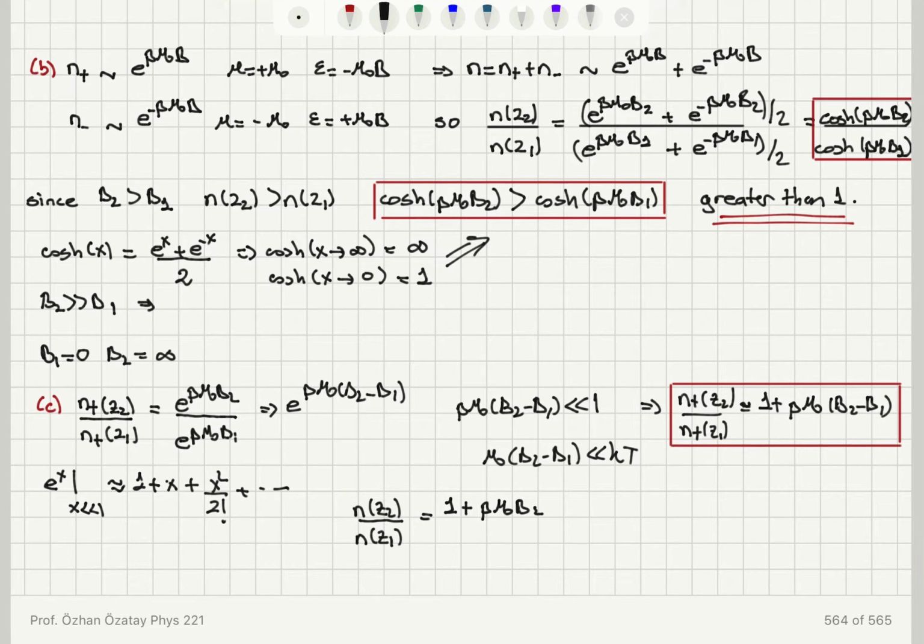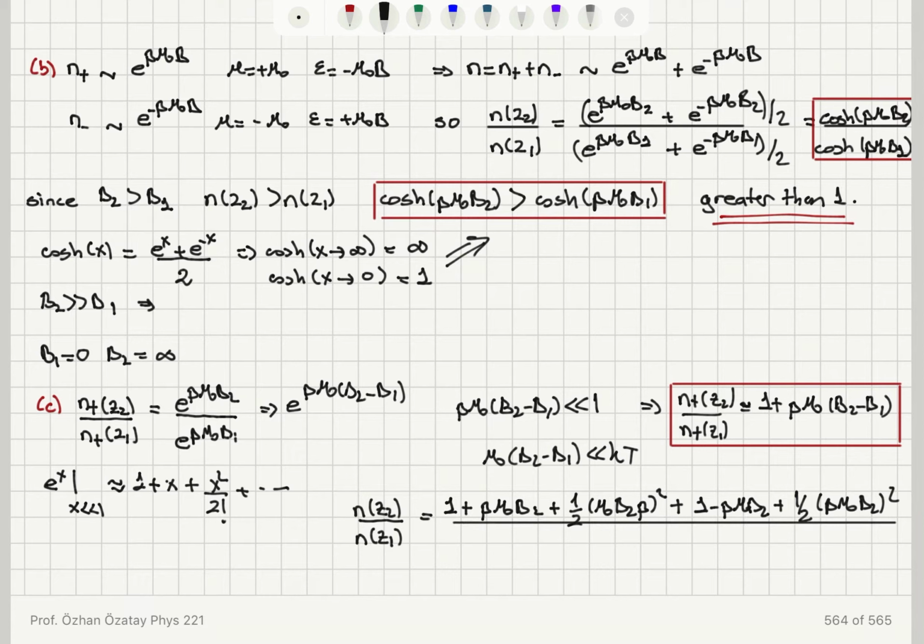So let me use the third order term: 1 plus beta mu 0 b2 plus 1 over 2 beta mu 0 b2 squared, and 1 minus beta mu 0 b2 plus 1 over 2 beta mu 0 b2 squared.